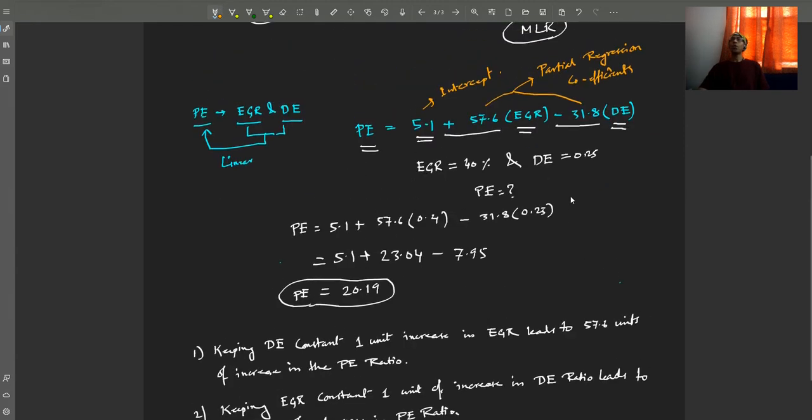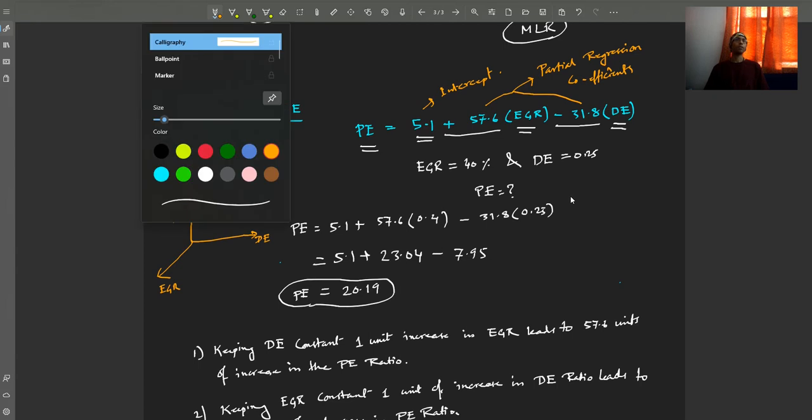So if you try to draw a diagram of this, let's try to draw a diagram. It will be a 3D diagram, right? Like this. Let's say this side it is EGR. This side it is debt to equity. And the vertical line represents the PE ratio.